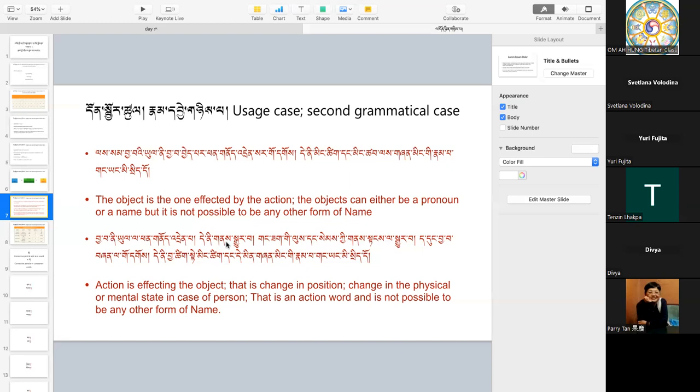So when we say physical change, if it's a sentient, it can depend on whether it's the size or the appearance or the health. If it's an inanimate, it could be the size, or the physical state could be the speed of something.